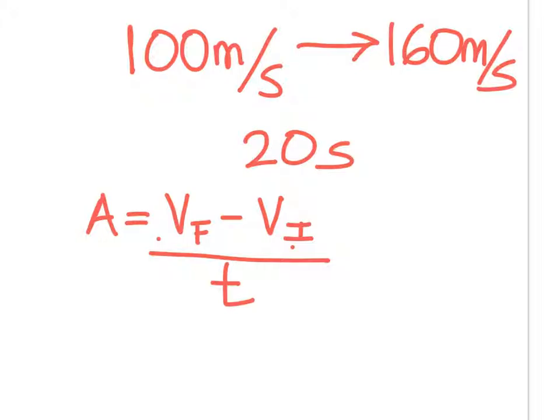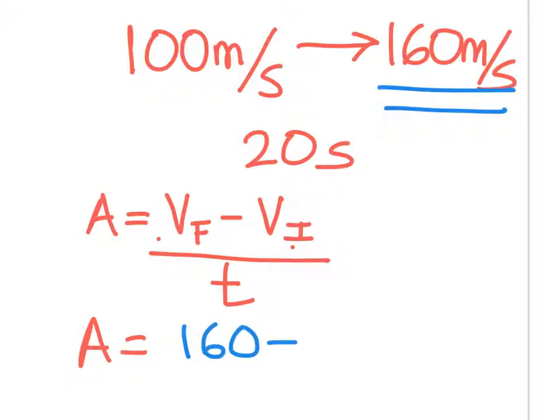So let's look at my problem again. My final velocity was 160 meters per second. So I'm going to do 160 minus my initial velocity. When I started measuring the time, the car was already going 100 meters per second. Your initial velocity can easily be 0, and that's okay.